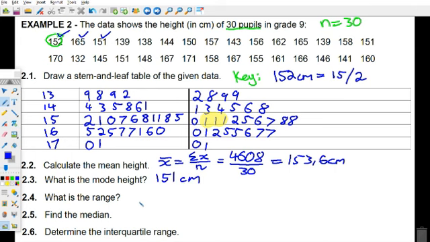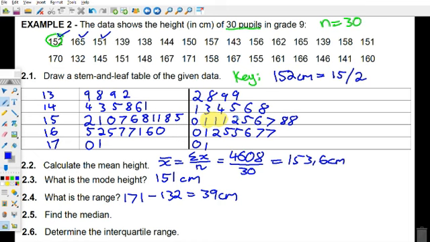What is the range? So range is highest minus my lowest. So 171 minus 132. And then again centimeters. Find the median. Okay, median. If again there's 30 people, we're going to look between numbers 15 and 16. So let's count. 1, 2, 3, 4, 5, 6, 7, 8, 9, 10, 11, 12, 13, 14, 15.